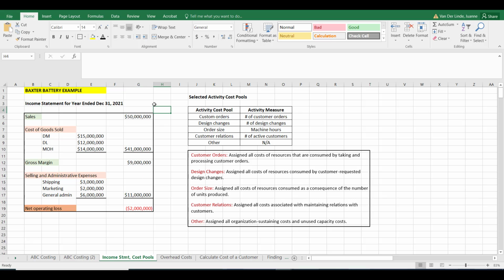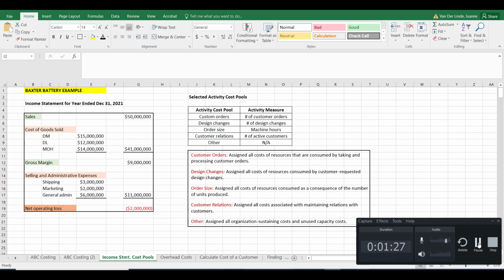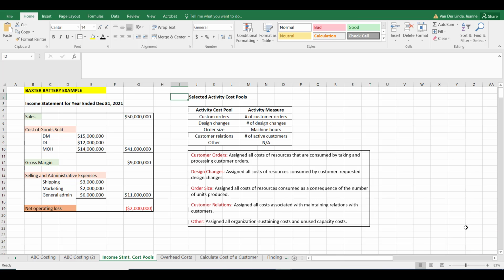So to try this costing system on for size, Baxter Battery just selected some activity cost pools and their related activity measures. So an activity with respect to ABC costing is something that causes a cost to occur. It ultimately is an event that leads to the consumption of resources.